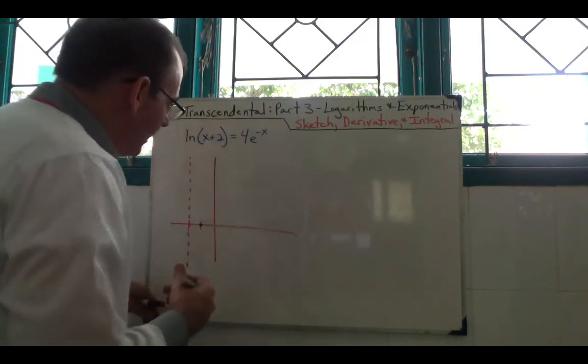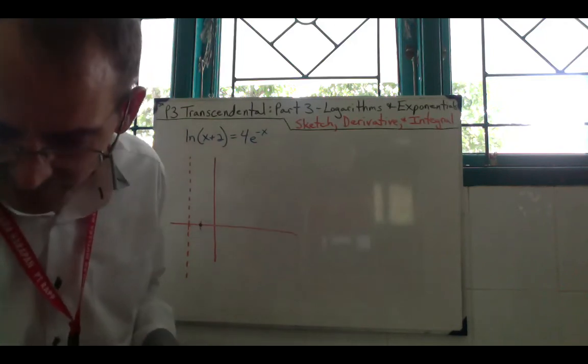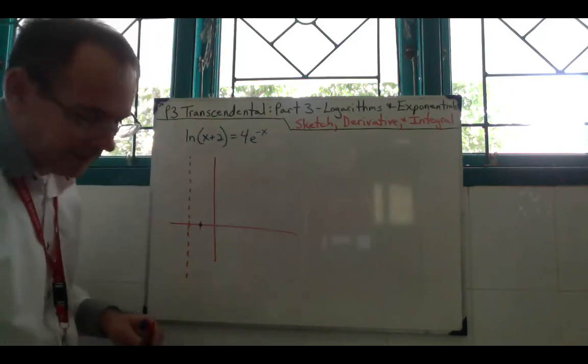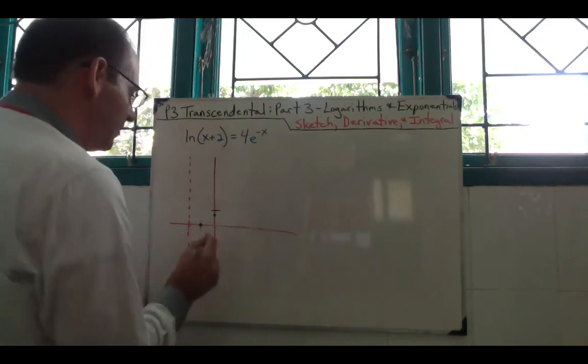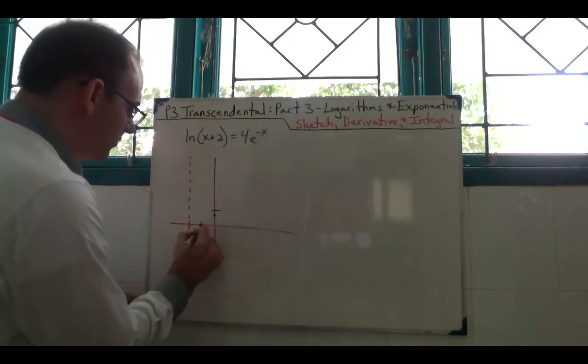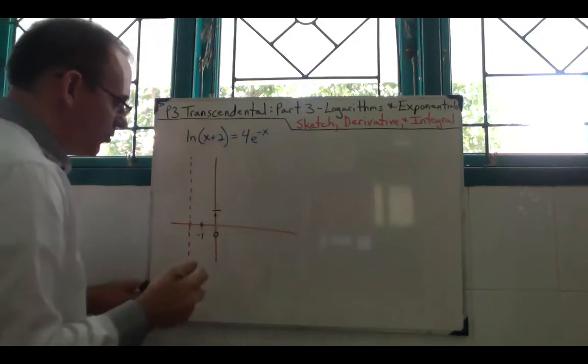And then we need another point, so we could plug in a 0. Ln 2 is just in here somewhere. So here's a -1, here's 0. If we plug in a 0, we get ln 2.